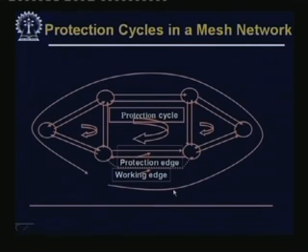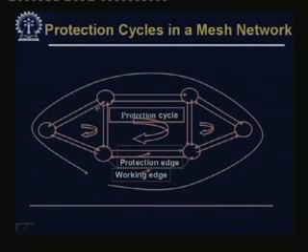We talked about protection cycles in a mesh network. Now, for protection cycles, what we do is that for each of the paths we try to form a cycle, a cycle of provisioning of light paths, let us say. So, the point in a cycle is that if you are going through some arc of the cycle and some link in between breaks, you can always go in the other direction.